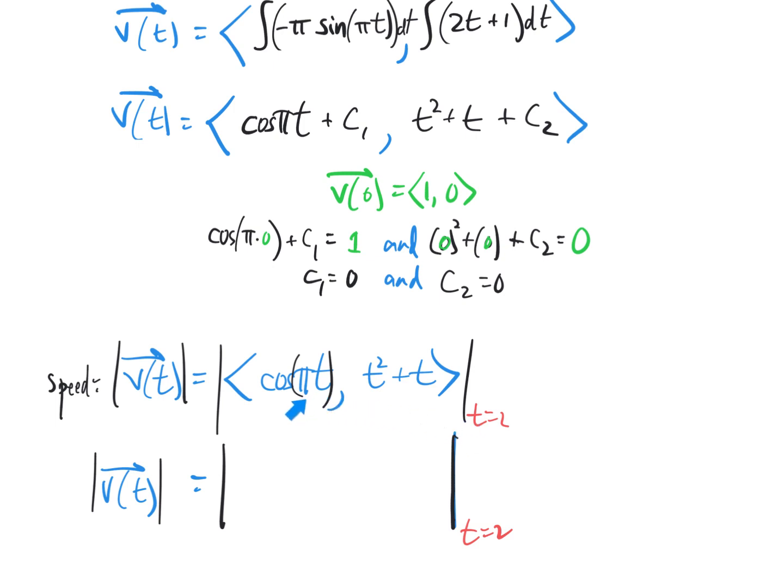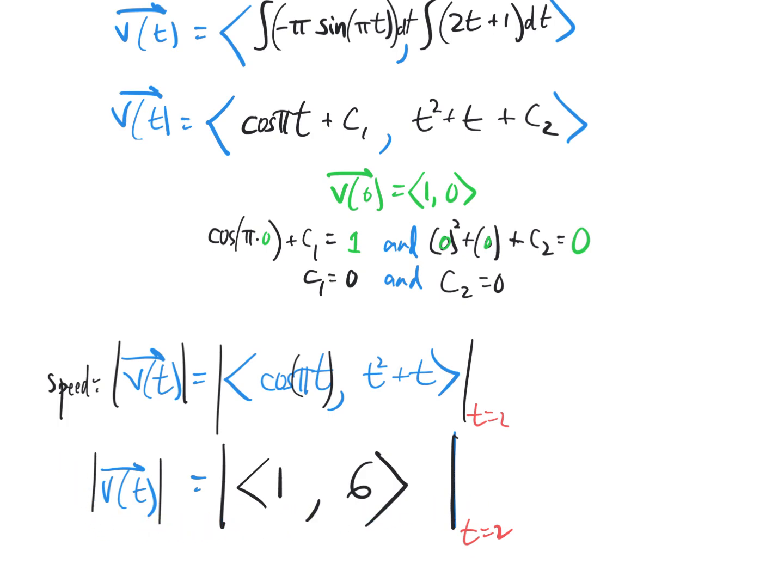So the horizontal component of our velocity vector will be cosine of 2 pi, which is 1, and 2 squared plus 2 is 6. So the magnitude of this velocity vector will be the speed.